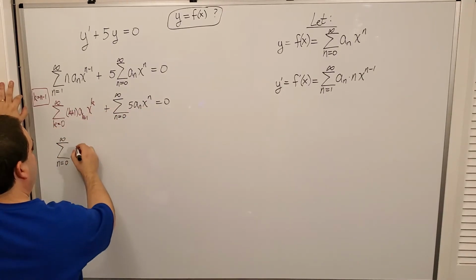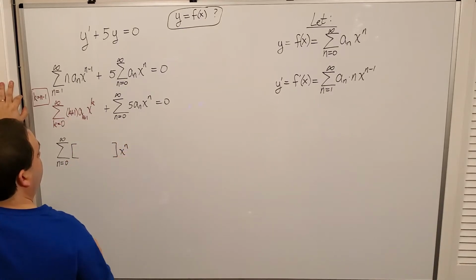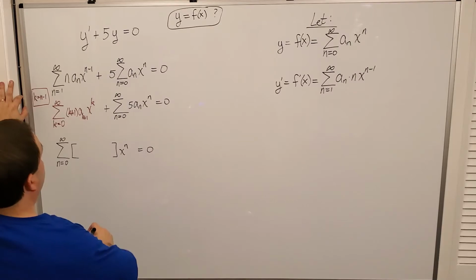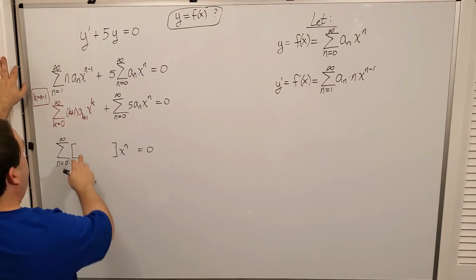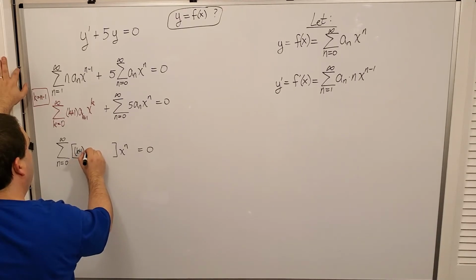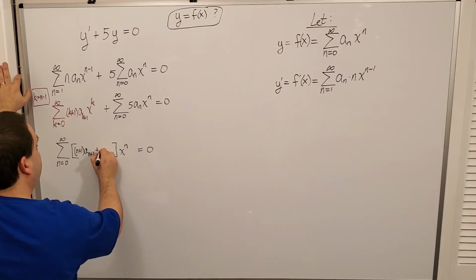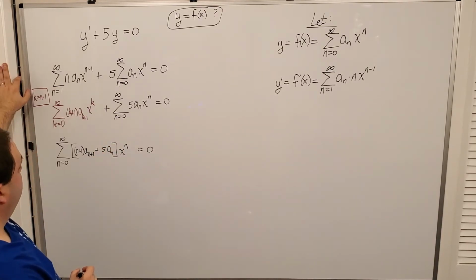So I'm just going to factor those out. I'll have x to the n, like this. And then what that tells me is that I have n plus 1 times a sub n plus 1 plus 5 a sub n.